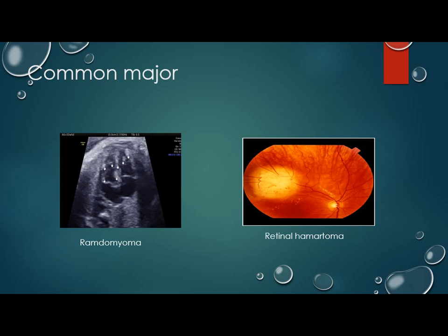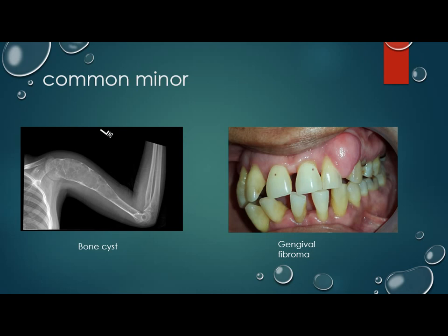The common major criteria include retinal hamartoma, rhabdomyoma, renal angiomyolipoma, and lymphangioleiomyomatosis. The common minor criteria include bone cyst, renal cyst, gingival fibroma, and also radial white matter bands.